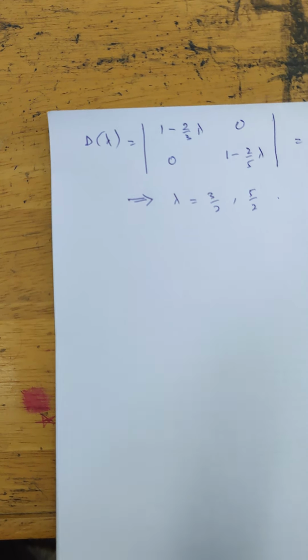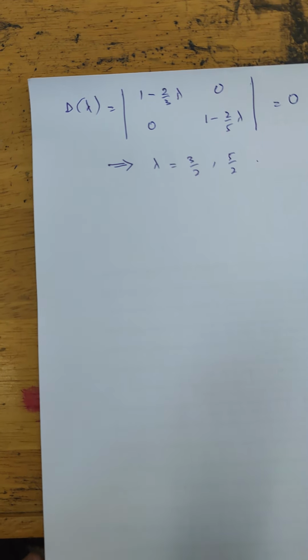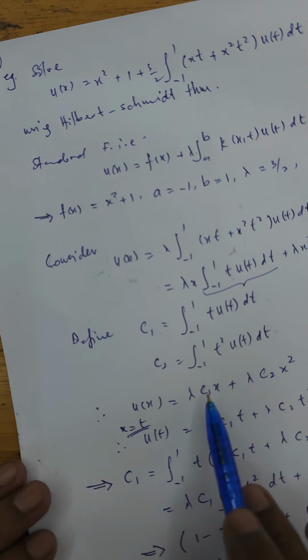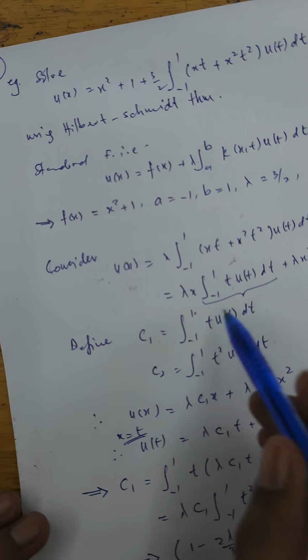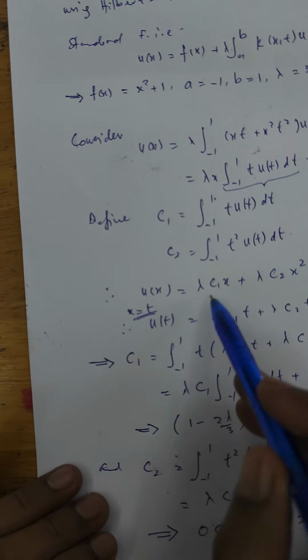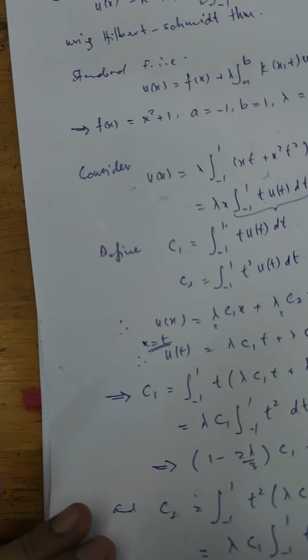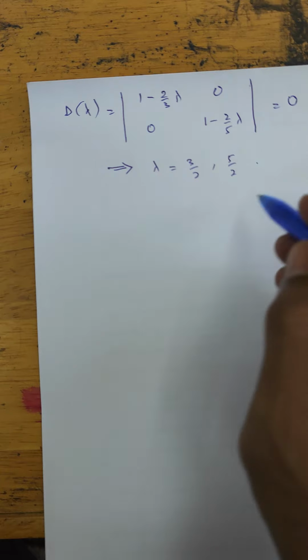Thus from there we can obtain the eigenfunction. You substitute into that. Here we found what lambda is. Then we can have the eigenfunction.